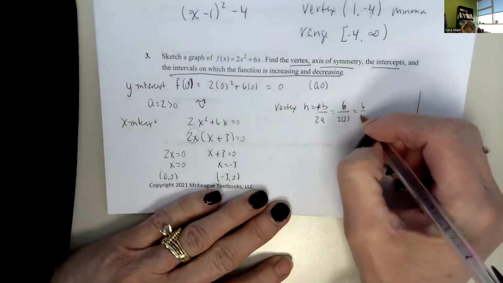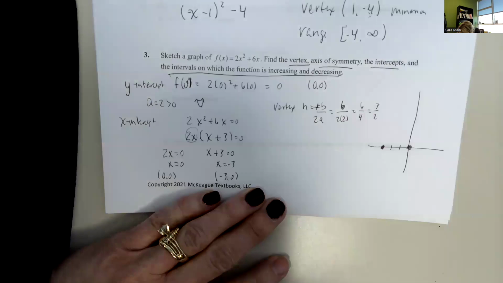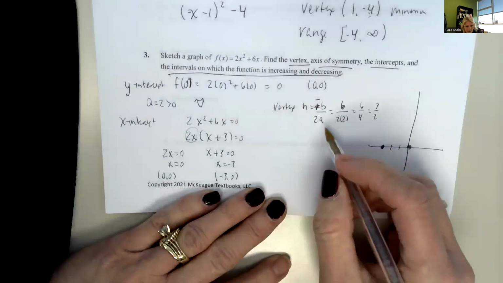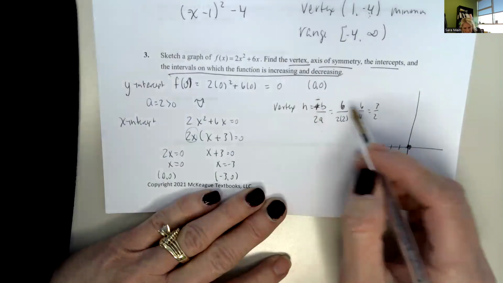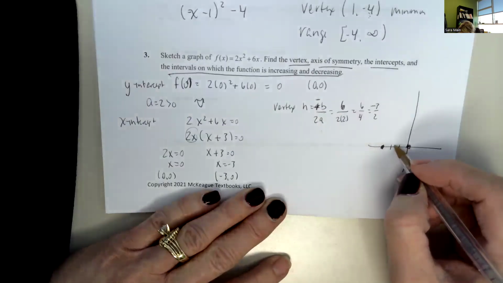So it's 6 over 4, which is 3/2. In my mind, it is the opposite of b over 2a, so it is a negative 3/2, so negative 1.5.